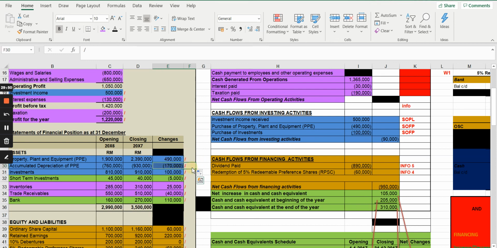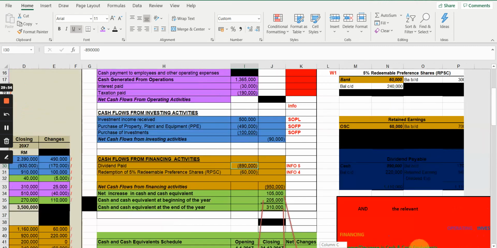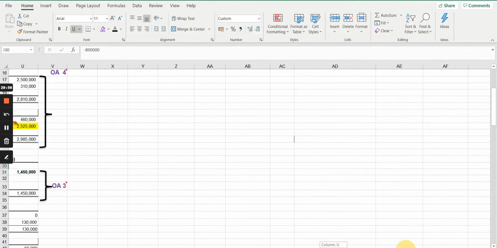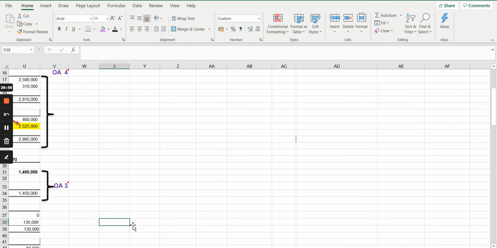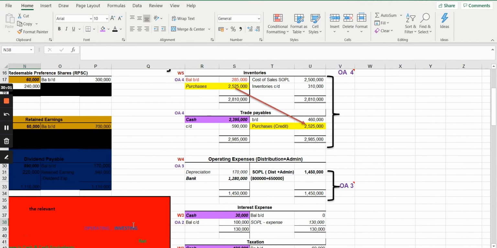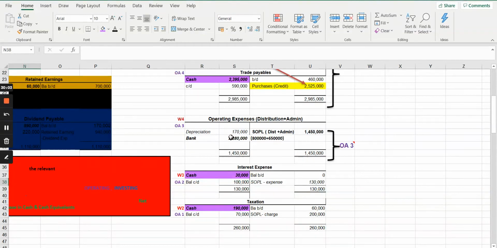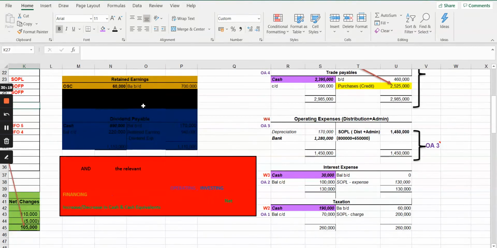Okay, that item there, you will exclude actually. Sorry with that glitch there. Yep, you put the depreciation. And now you can total up here 1450 minus 170. So 1280 is the operating expenses paid, meaning that that is the payment to employees and other operating expenses.